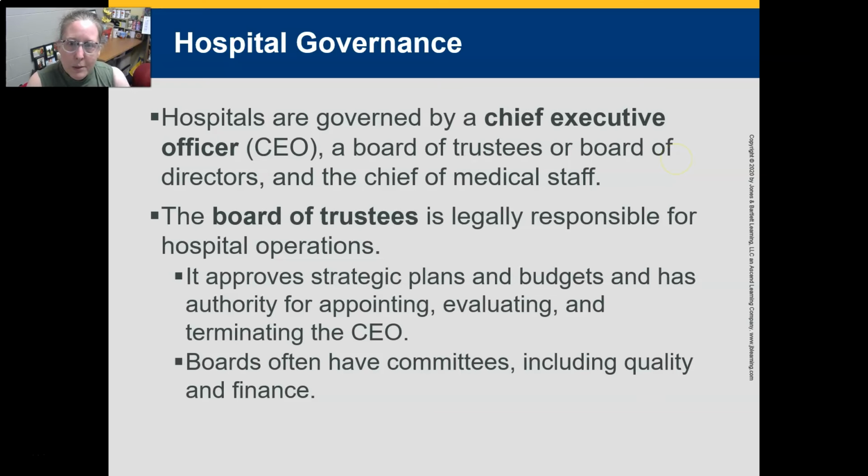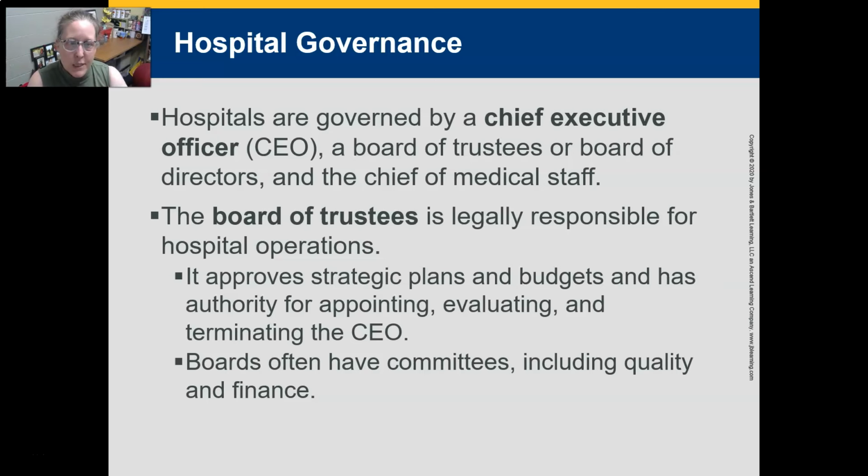So we have to talk a little bit about hospital governance. Hospitals are governed by a chief executive officer, a CEO, also by a board of trustees or a board of directors, and the chief of medical staff. The chief of medical staff has got to be a doctor, an MD, somebody that knows all the medical things. The CEO is more of a business person, who knows how to run the hospital.